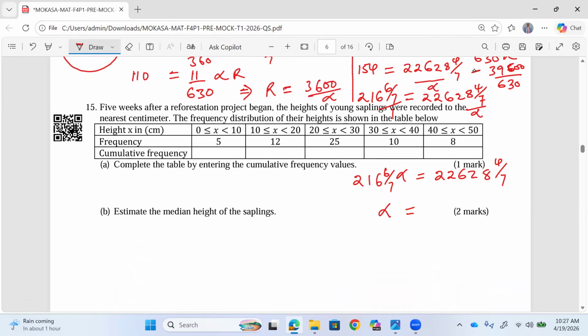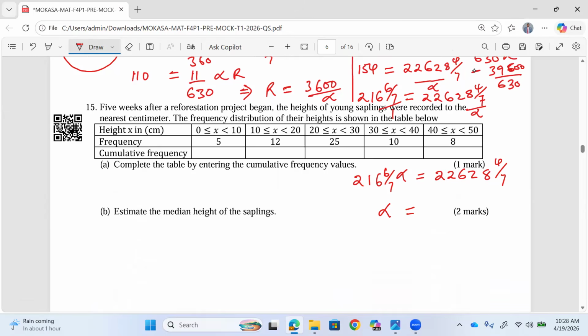To divide, it means 22,628 and 4 over 7, in brackets, then I divide by the answer.